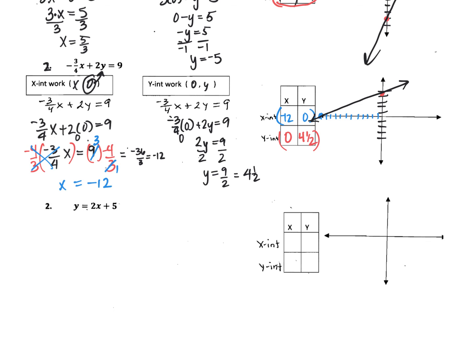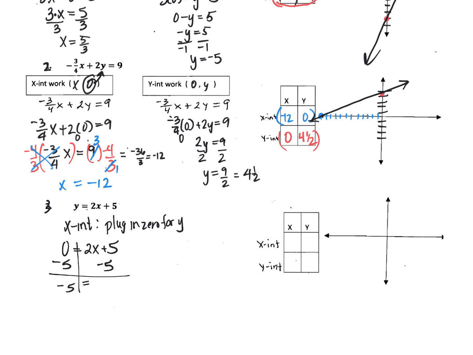Now number 3 actually looks a little bit different than the rest of them, but we do it the same way. If I want to find the x-intercept, I'm going to plug in 0 for y. So 0 equals 2x plus 5. And I'm going to solve this, so I need to move the 5 to the other side. I get -5 equals 2x. We'll divide by 2, and x equals -5/2, which is -2.5.